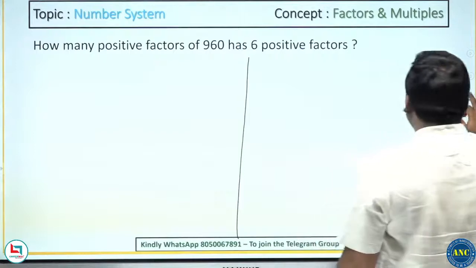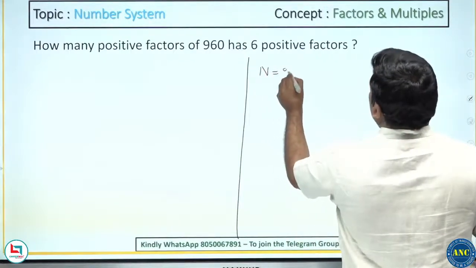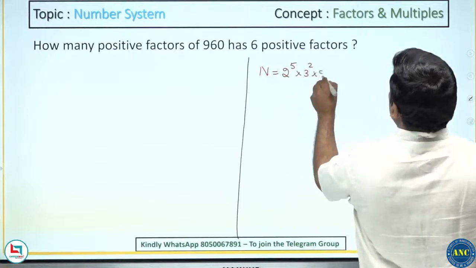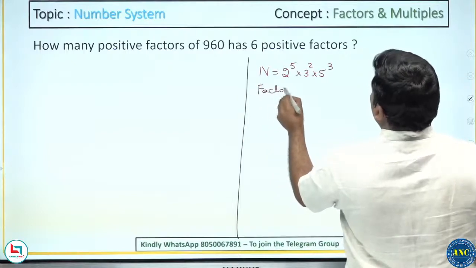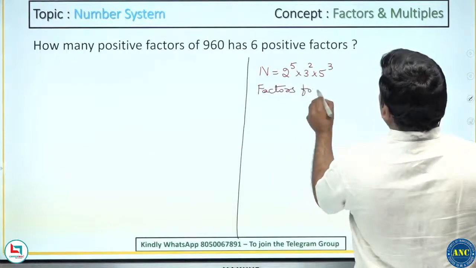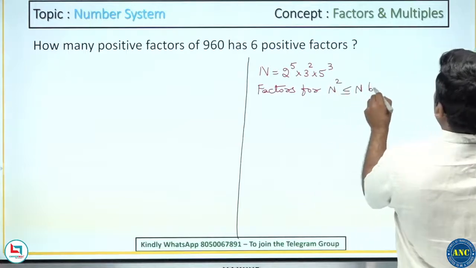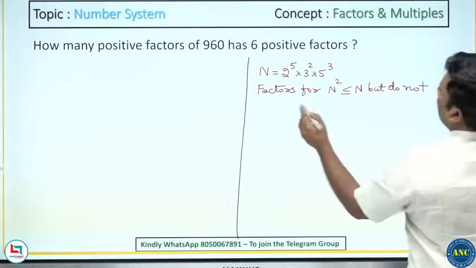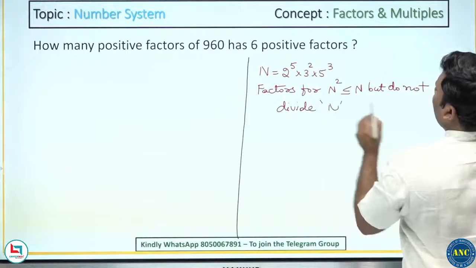Let us do it for a smaller number. 3 prime bases. n is 2 power 5 into 3 square into 5 cube. How many factors of n square are less than or equivalent to n, but do not divide n? You don't need to memorize any formula. Just logically if you solve, you will get the answer.